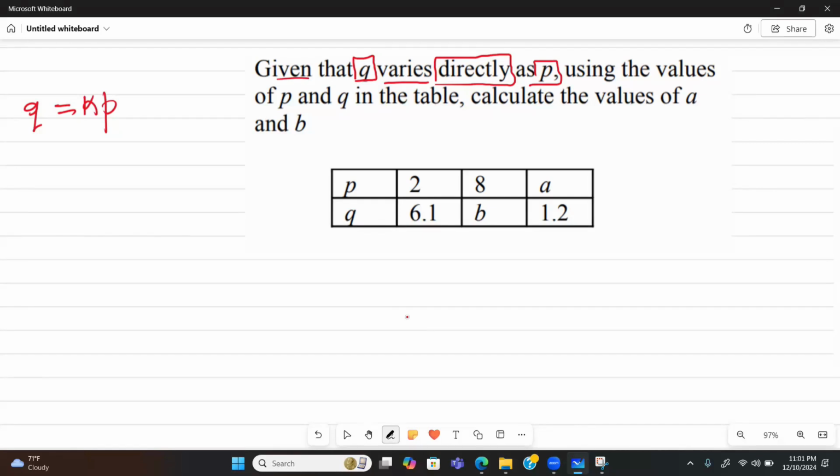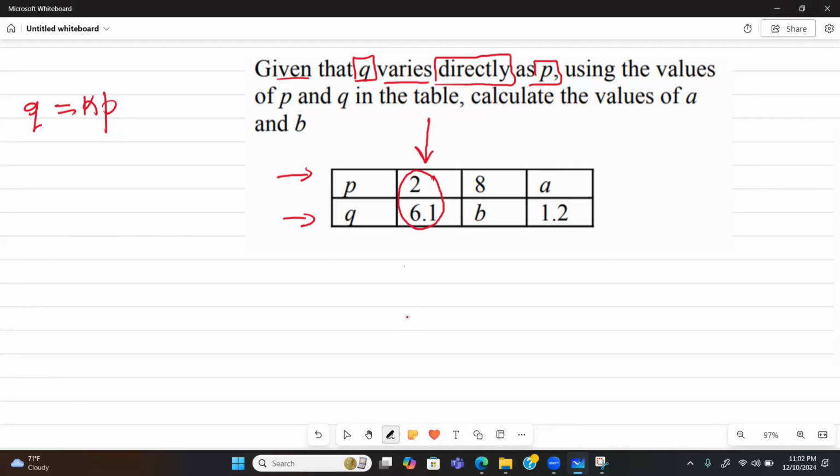For every variation question, they're going to give you a pair, meaning we're going to get a value for p and a value for q that already worked. For example, if we look in this column here, p values are in that row, q values are in this row. When q was 6.1, p was 2.